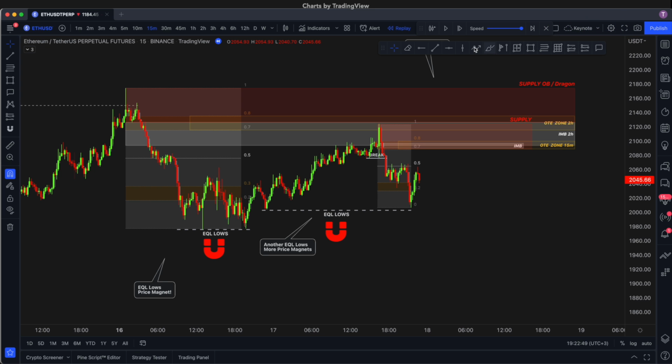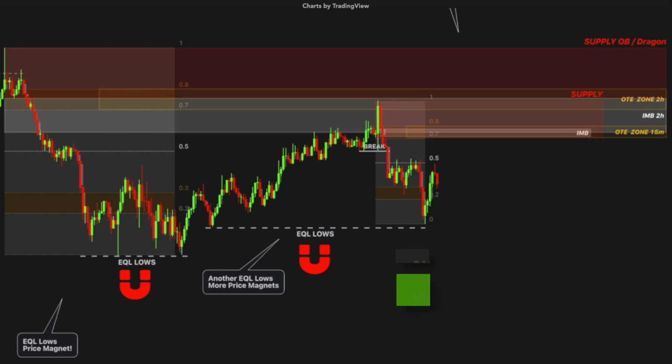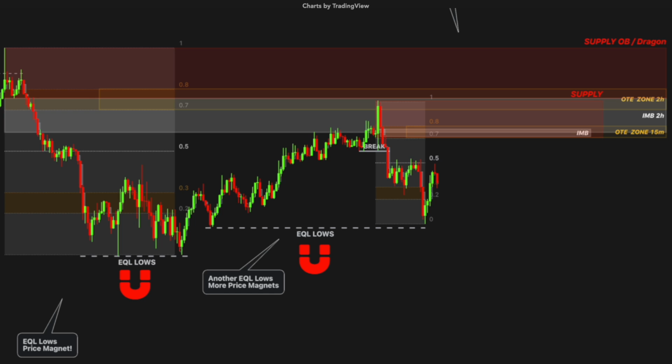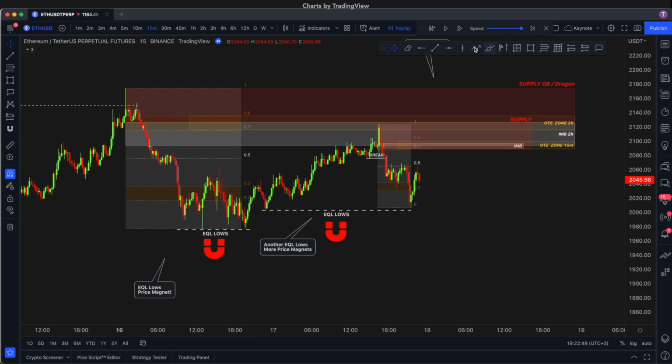Now, what I do here, finding the same price action setup with both high and low time frames. As you can see, high time frame, order block, imbalance, and OTE. And low time frame, order block, imbalance, and OTE.